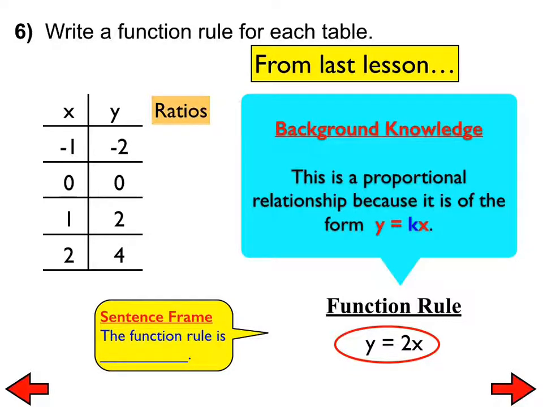The ratio of y over x for the first ordered pair is negative 2 over negative 1, which is what? It's 2. Now, the 0, 0 doesn't really help us because that's undefined, so I'm not even going to look at that one. And then we have this ratio right here. What's 2 over 1? And what's 4 over 2? With the exception of 0, 0, are all of those ratios the same? Yes. That's the other piece of what a proportional relationship is.